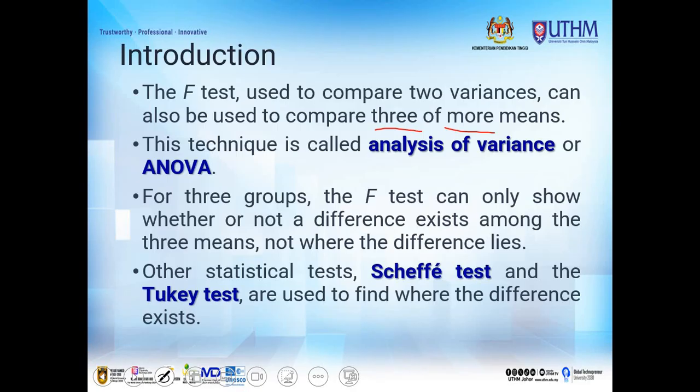So other statistical tests like Scheffé test and Tukey test are used to find where the difference exists. Okay, you see two different things. The F-test identifies whether any difference exists or not, but the Scheffé test and Tukey test will identify where the difference is.